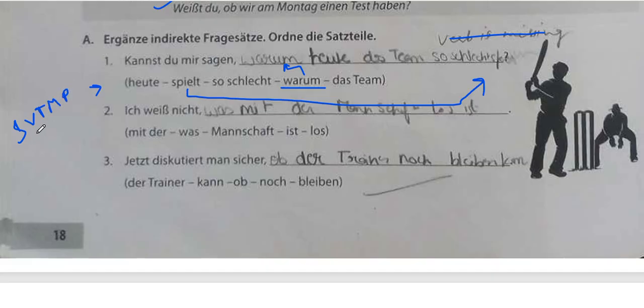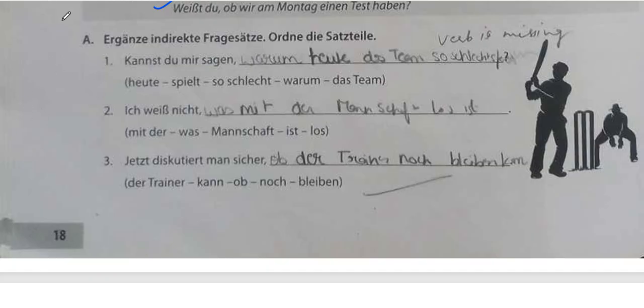So time here we're not writing at the start. The verb is going at the last. Time is heute, manner here is das Team, place we don't have, so schlecht. I hope you got that. Even if you didn't, it's pretty obvious why heute das Team is coming at that place.